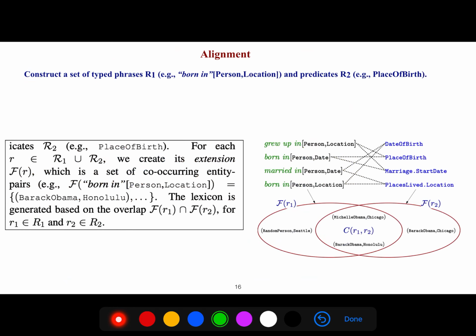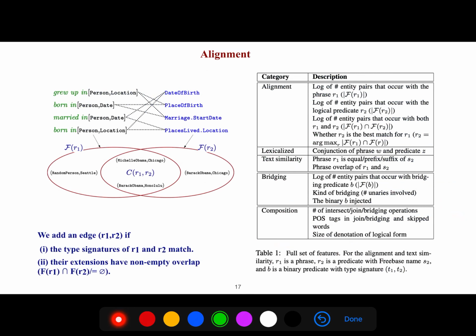Still, we have some ambiguities. Of course, this is the way that this paper works with these interesting features. So some of the ambiguity is removed by these alignment techniques, some by lexicalized features, and for some, text similarity is enough.